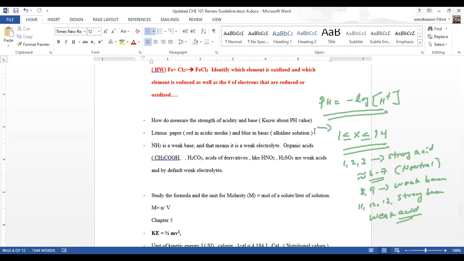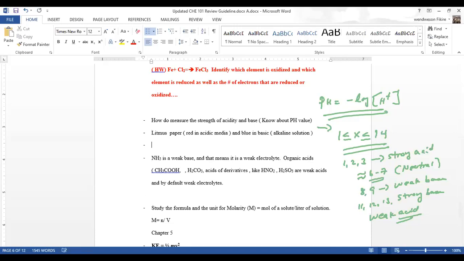We have to identify acid rain versus pure rain. Acid rain, it's also in chapter 4, is made from nitrate and sulfate.